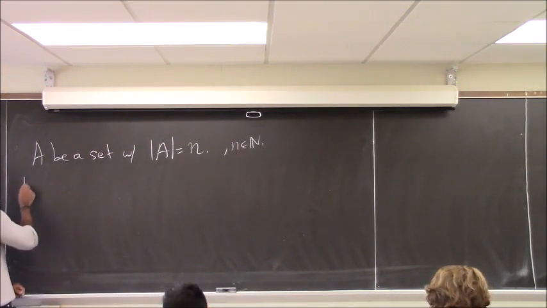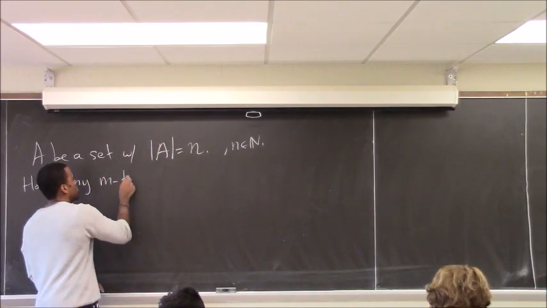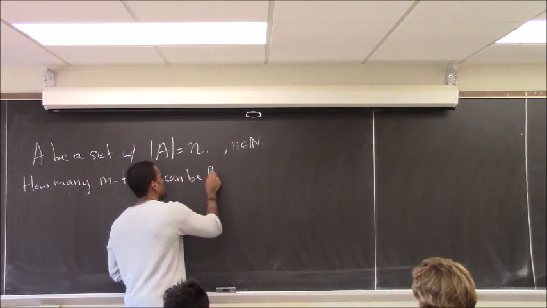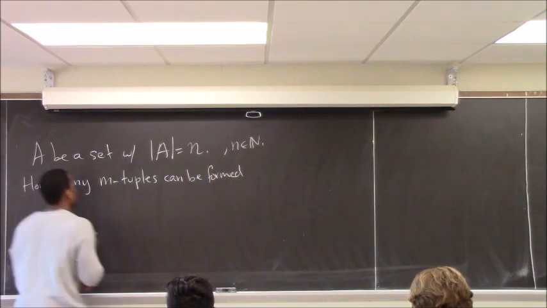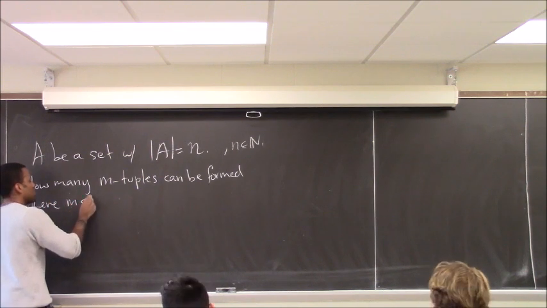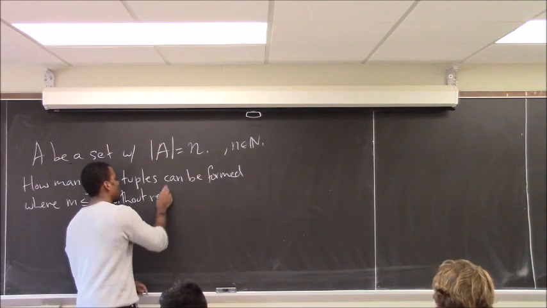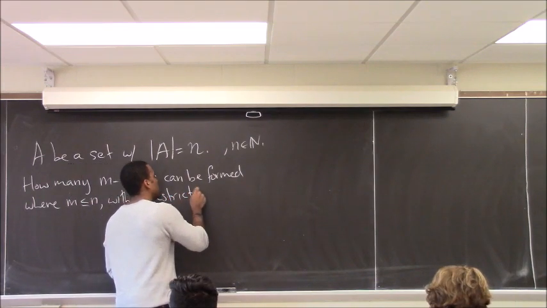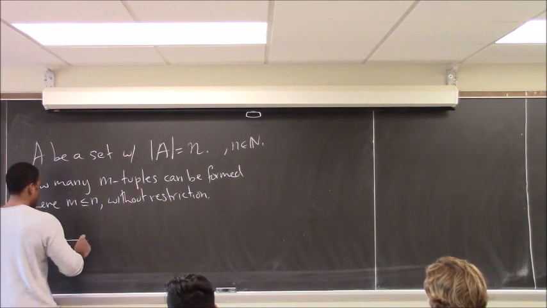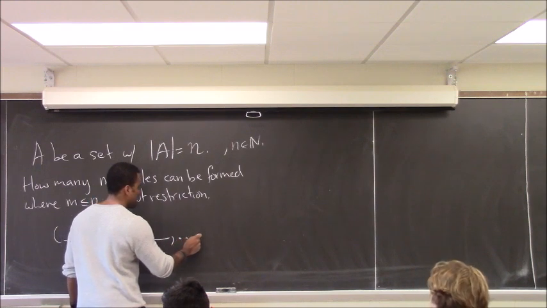Now, how many m-tuples can be formed, where m is less than or equal to n, without restriction? Now, an m-tuple is just a coordinate with m slots, dot, dot, dot.